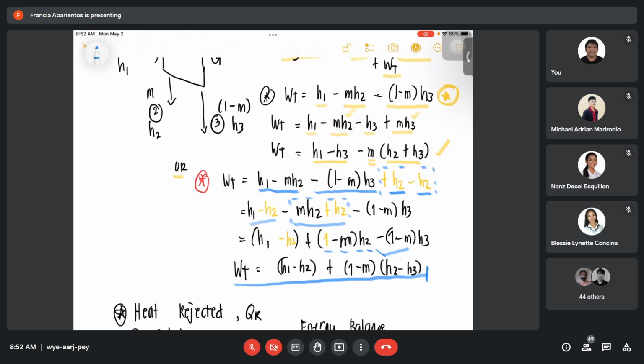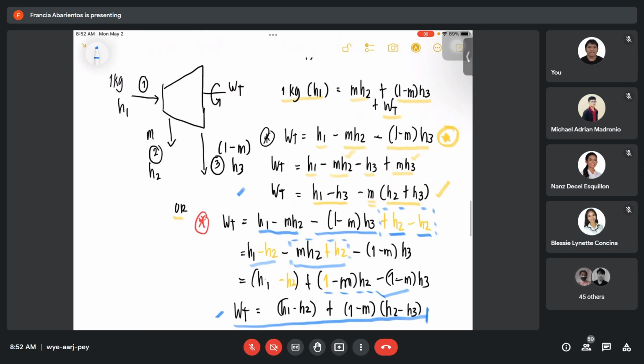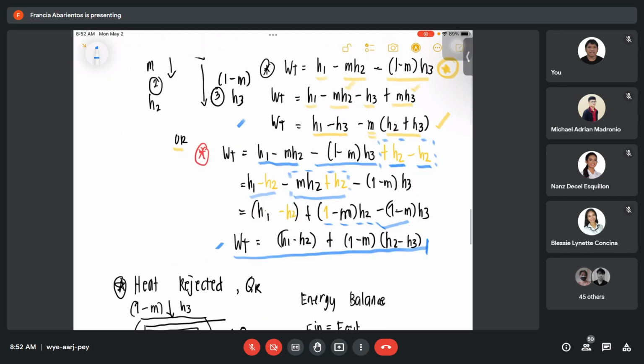So, we can use both equations, kung alin kung saan kayo mas convenient. Or, in the problem, what is the given mass of the bleed steam? Okay. So, this is the derivation of turbine work.